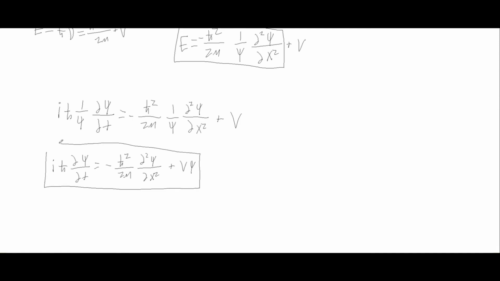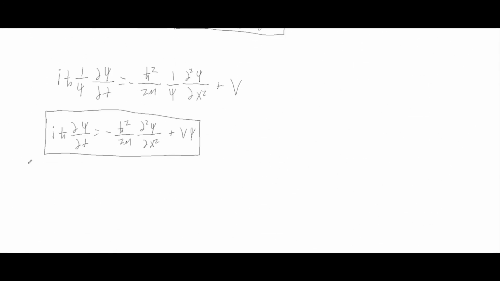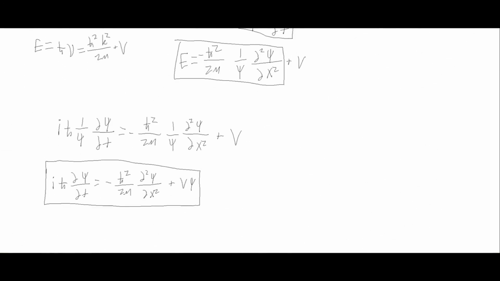This is our time-dependent Schrodinger equation. So we can look at this and compare it to what we saw up here. We have the i h bar first partial derivative with respect to time. That's what we have here. Then we have the minus h bar squared over 2m multiplied by the second partial derivative with respect to x.